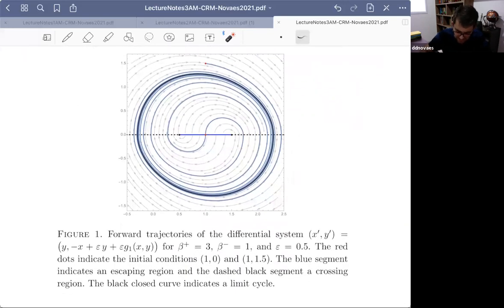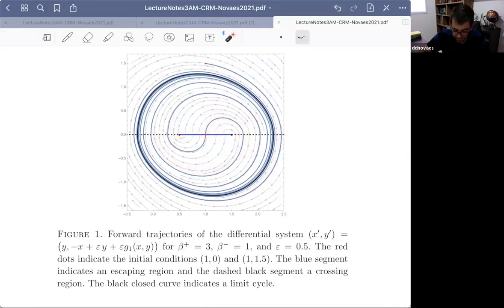Here we can see the fold points. I'm taking two very close points here and drawing the forward trajectories of those two points. Here we can see the non-uniqueness of future solutions for points on this segment.